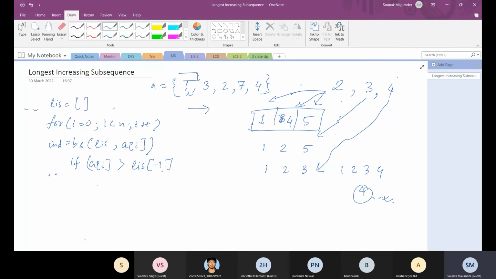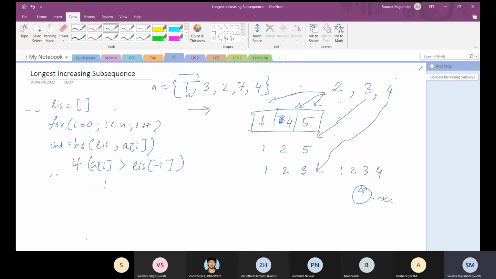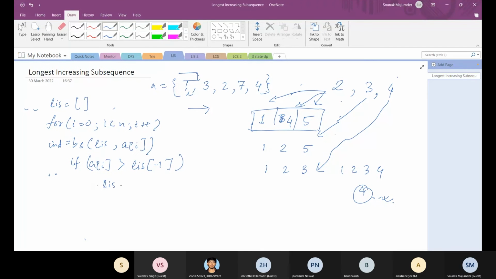This is for the Python syntax, so -1 means the last index. For C++, you can just use length of lis minus 1. So if it is larger than the largest element already present in the list, we will just add it.